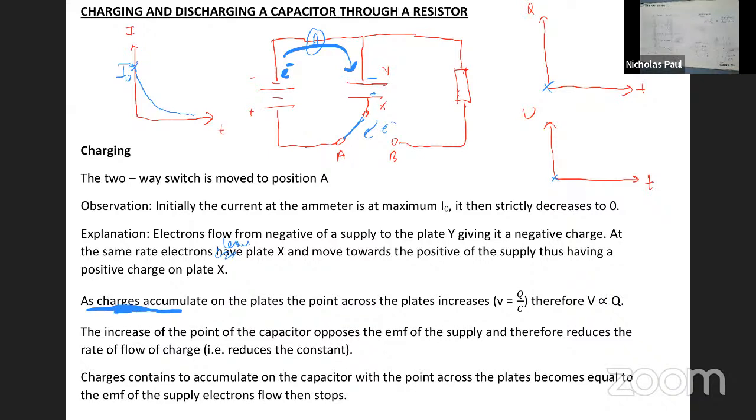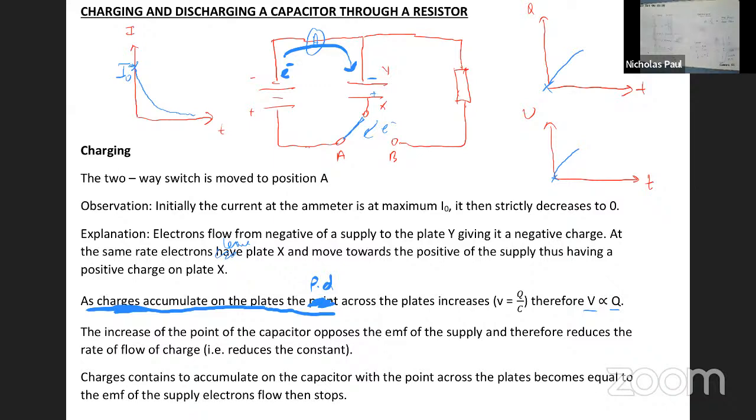As charge accumulates on the plates, the potential across the plates increases because Q and V are proportional. So V is increasing, Q is increasing. They increase to a point where the capacitor opposes the EMF.